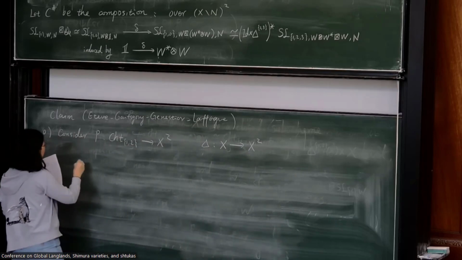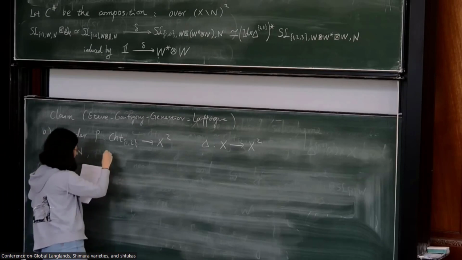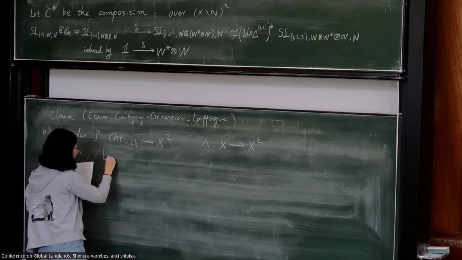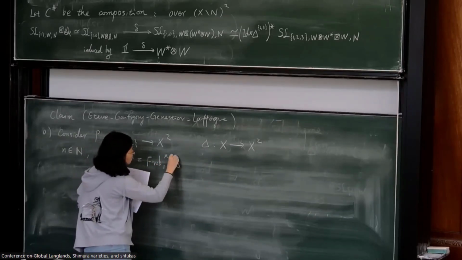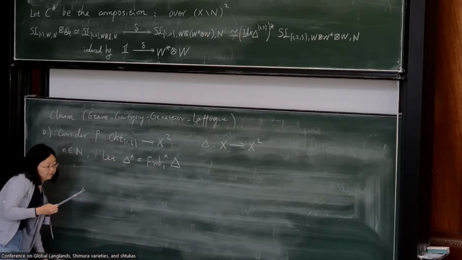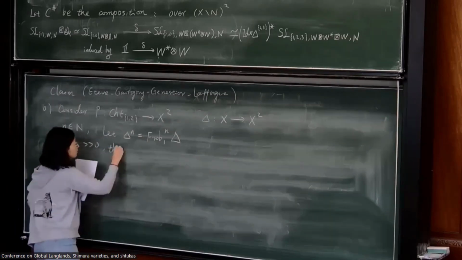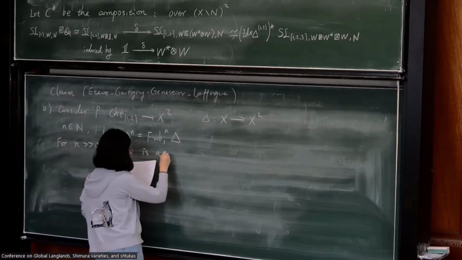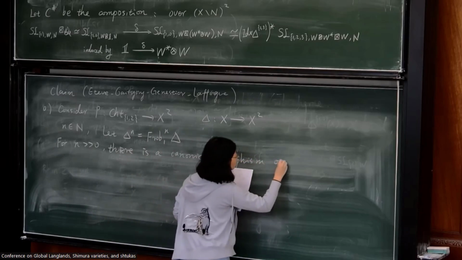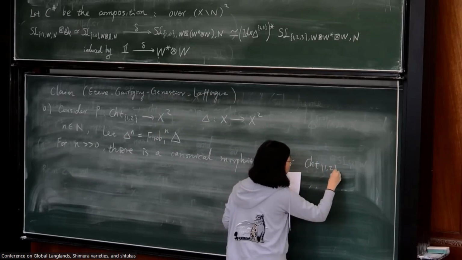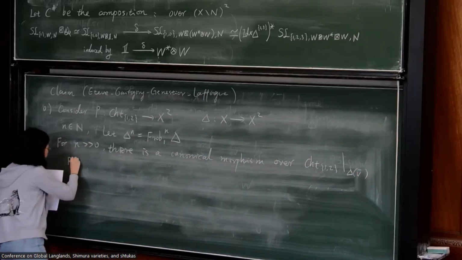We will also need the notation of switching the data, which is the diagonal switched by partial Frobenius on X2, from XC.